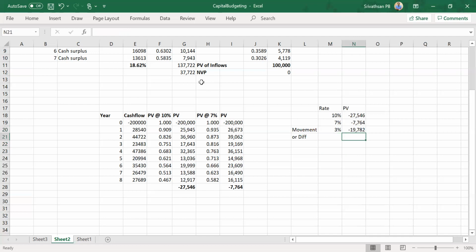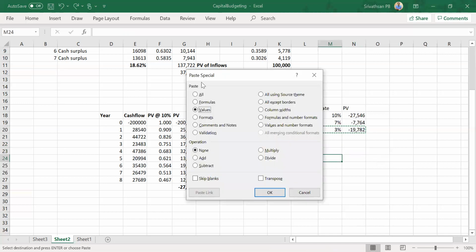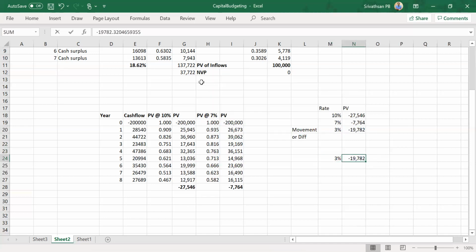So for a movement of 3%, we got a total movement of 19,782. But what is the total movement required? This must ideally become 0.